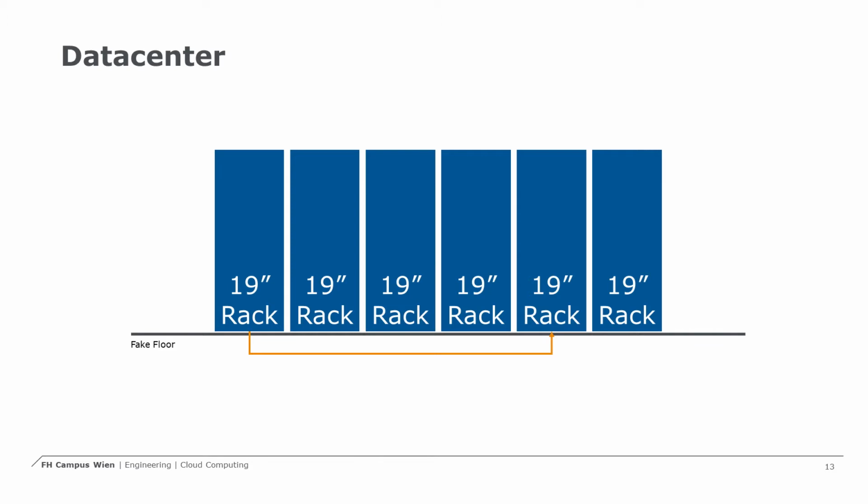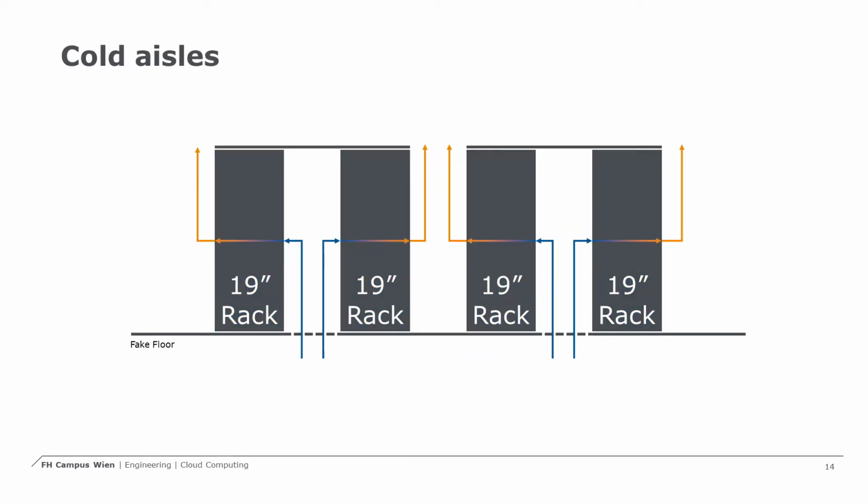These racks are installed in rows, often with a fake floor to allow for cabling to go under the floor. Since servers produce a lot of heat, a data center also requires cooling. There are a variety of ways to solve cooling, some are more green than others. Some data centers, for example, opt to install cold aisles, where the cold air is pumped between two rack rows and is pushed through the racks to cool the servers.